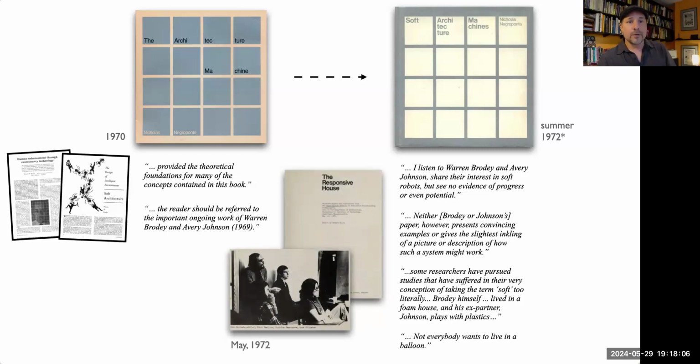In 1972, there was also a meeting convened right before the publication of this book called the Responsive House. It was a colloquium on architecture, and it brought together a lot of big thinkers in how technology and architecture might come together. One of the people who published in that meeting was Avery Johnson, Brody's research partner, who wrote a paper called The Three Little Pigs Revisited.